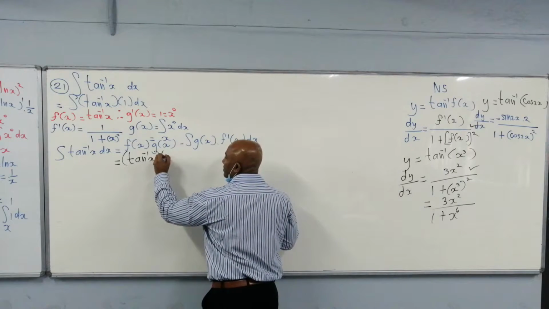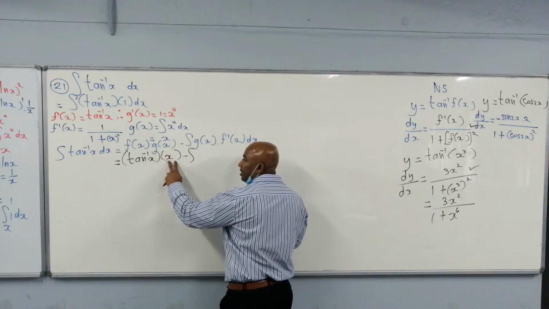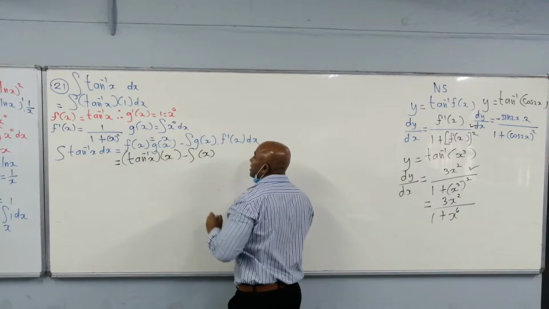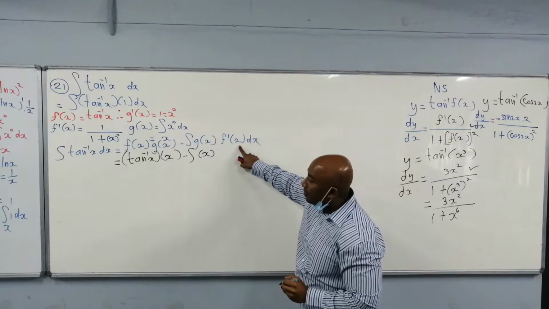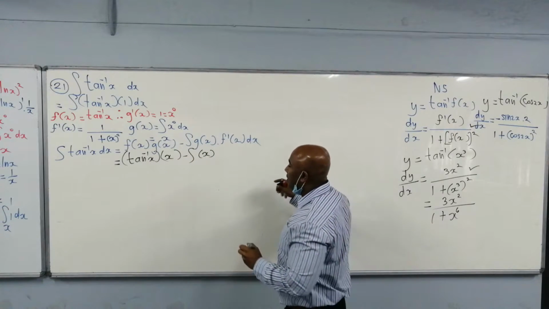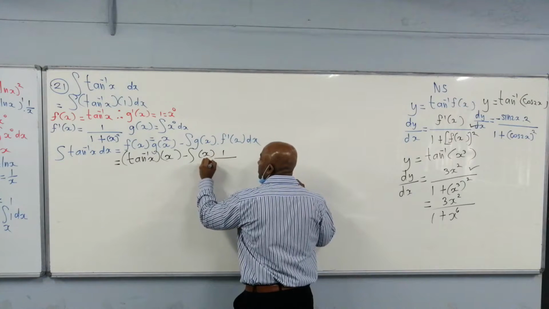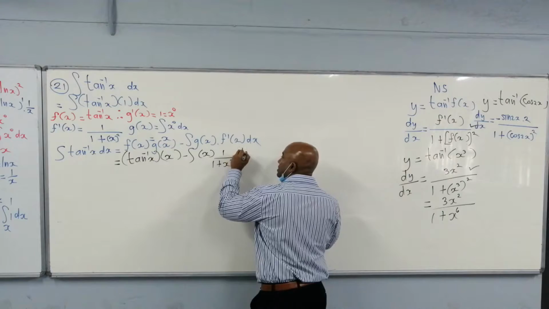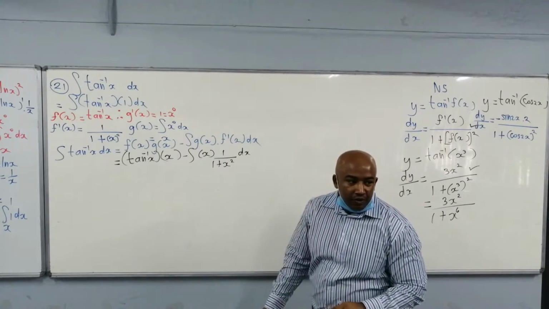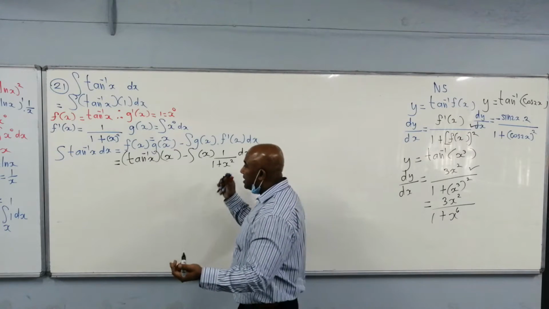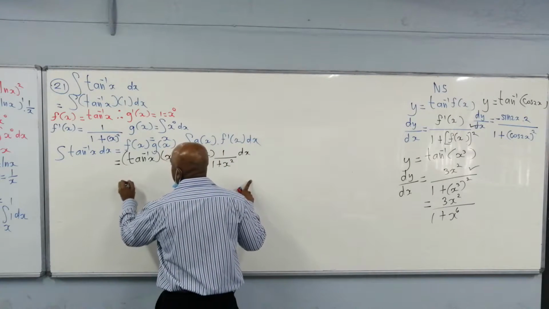We just worked it out. Remember, whatever you write down for g of x, you copy it down here. And now f prime x is the derivative there, which is 1 divided by 1 plus x squared, dx. So we do the substitution, simplify, and then determine what type of integration problem this is.